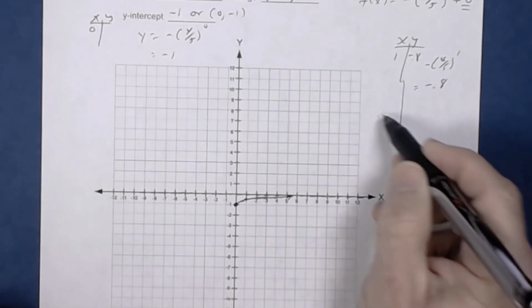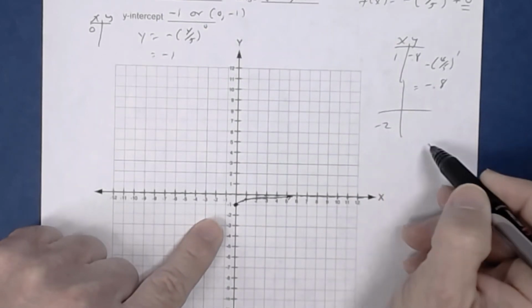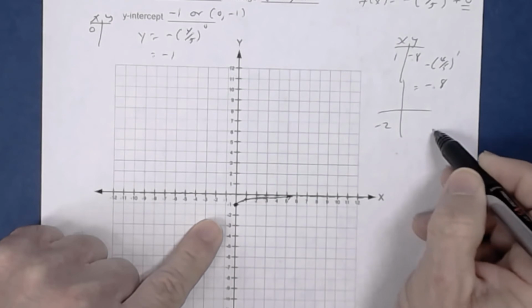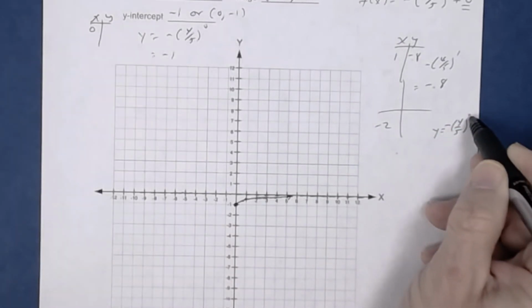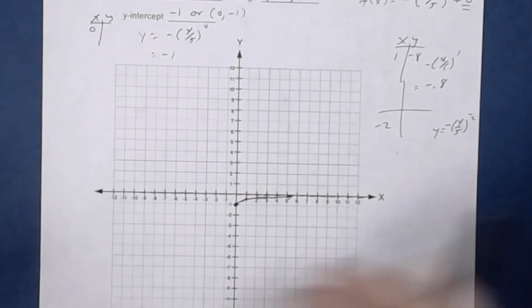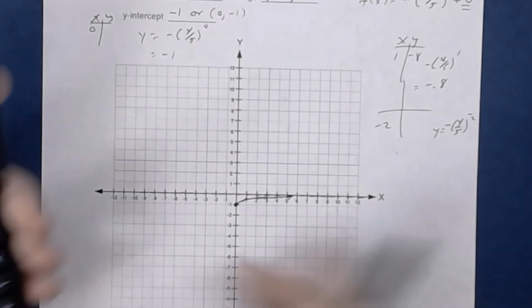If x is negative 2, I get y equals negative 4/5 to the negative second power.